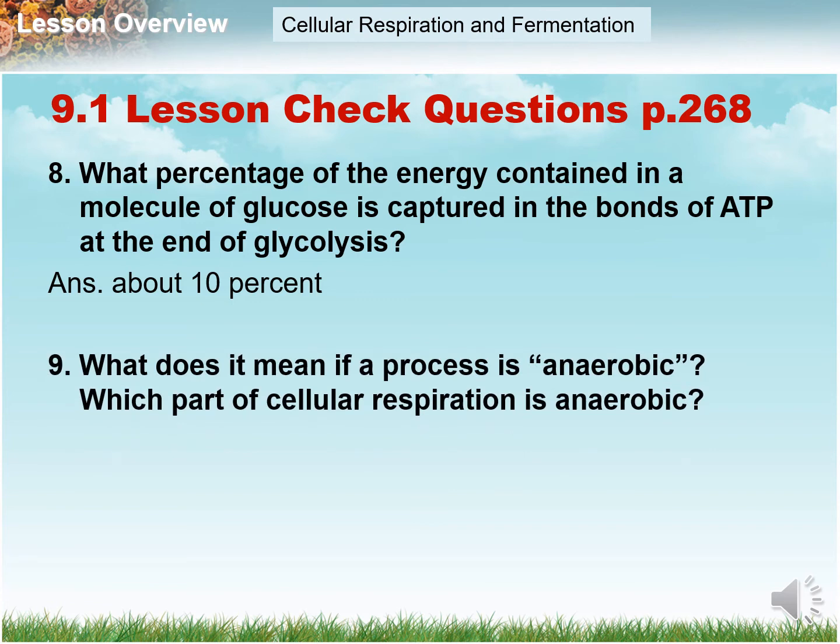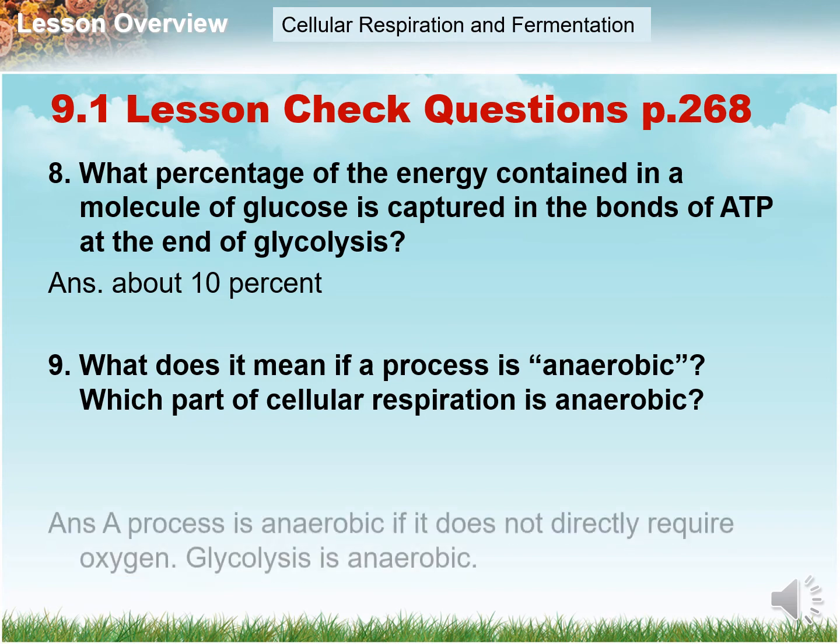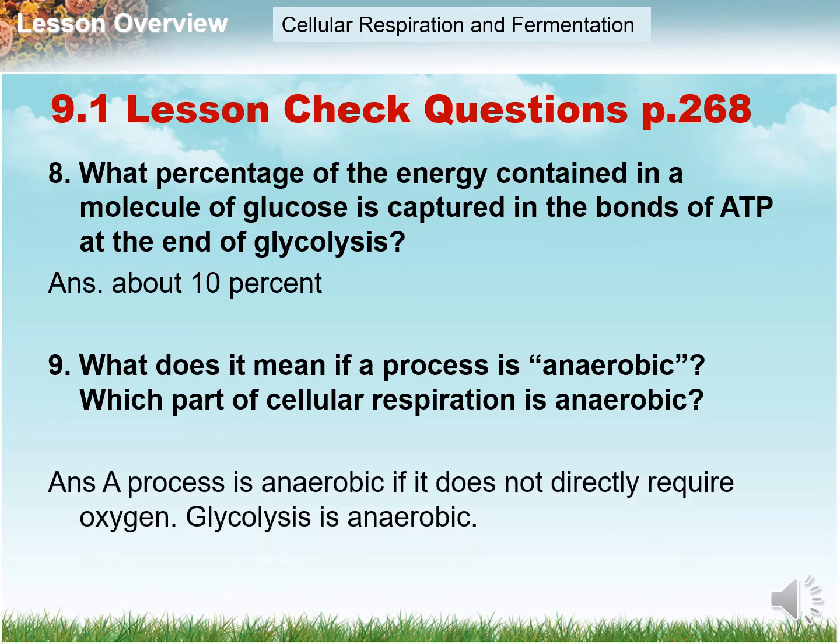Number 9 question in page 268. What does it mean if a process is anaerobic? Which part of cellular respiration is anaerobic? The answer is a process is anaerobic if it does not directly require oxygen. And glycolysis is the one which has an anaerobic pathway in cellular respiration.